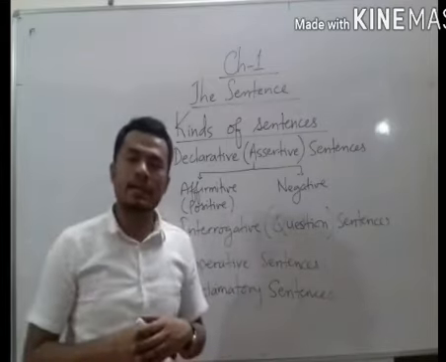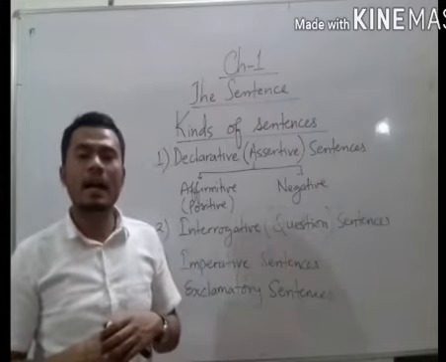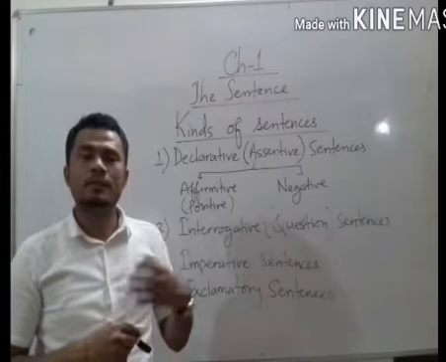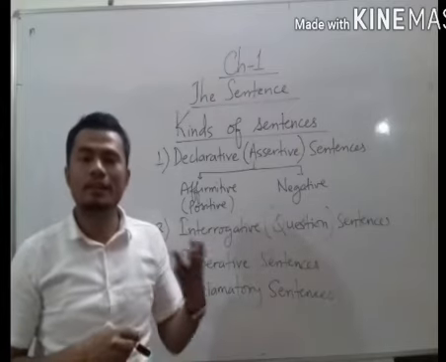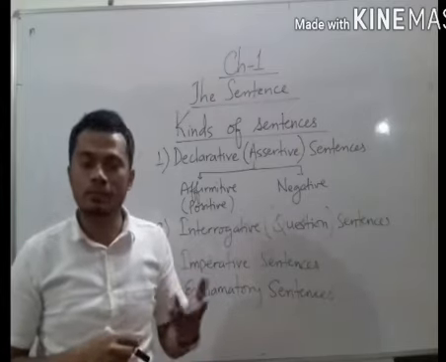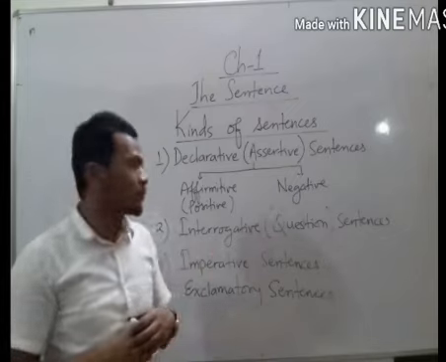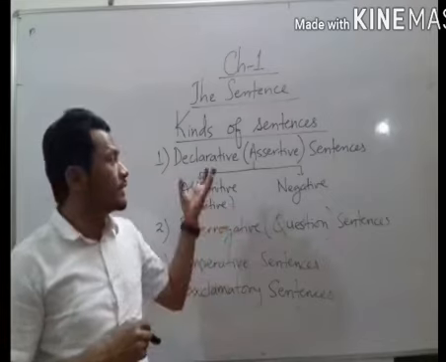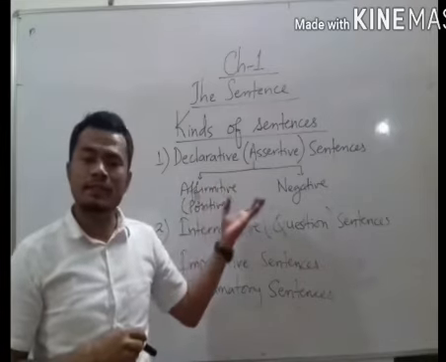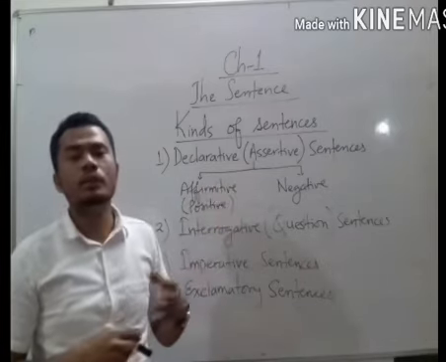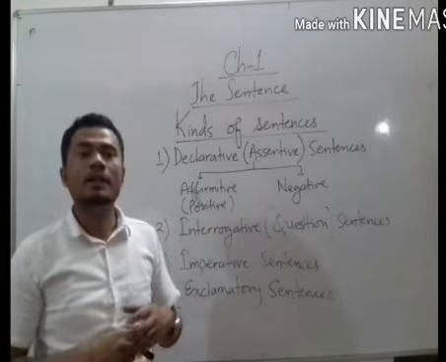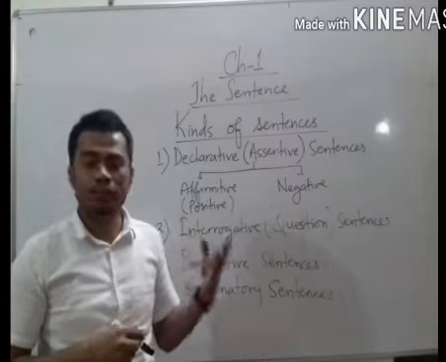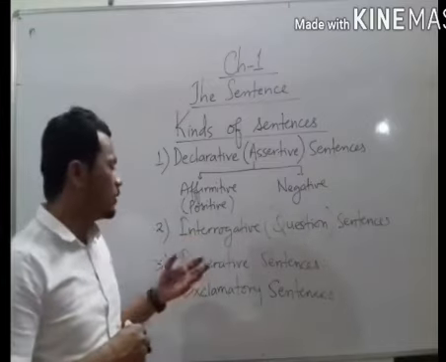imperative sentences. Imperative sentences are the orders, suggestions, commands, or a piece of advice. Imperative sentences, like declarative or assertive sentences, also end with a full stop. But the expression they want to deliver is different.